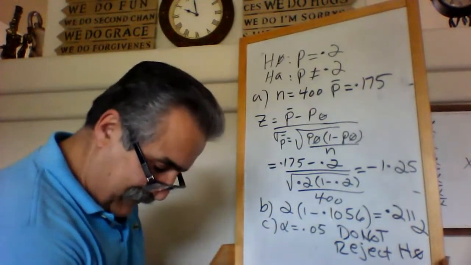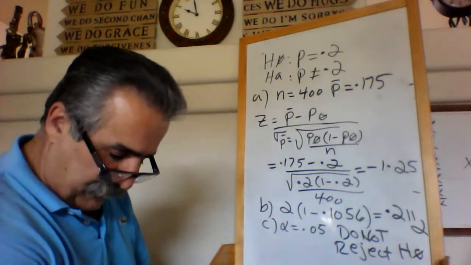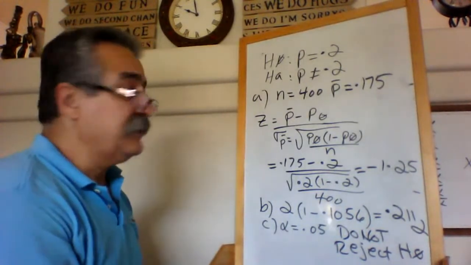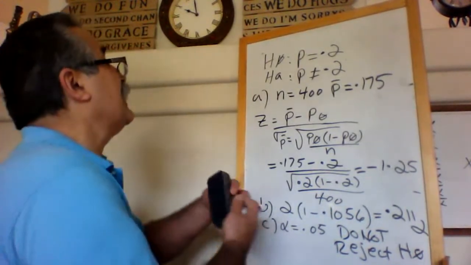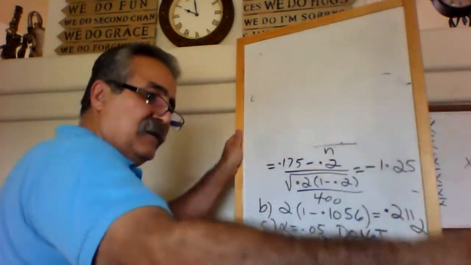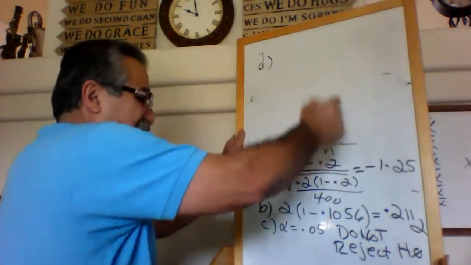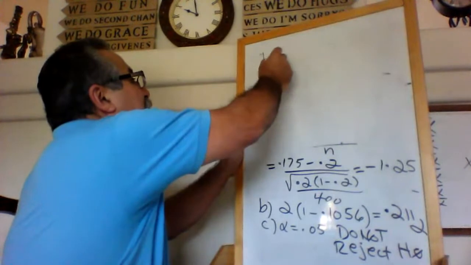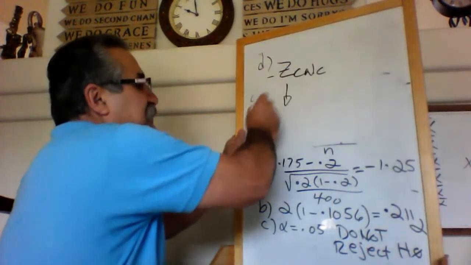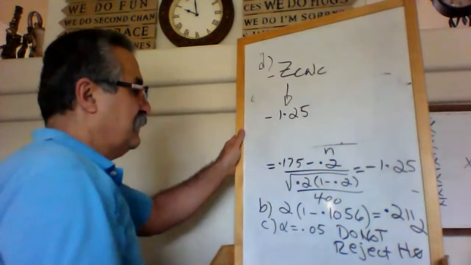Now for part D, what is the rejection rule using the critical value, and what is your conclusion? So we do part D up here. The Z that we calculated, Z calc, is negative 1.25.